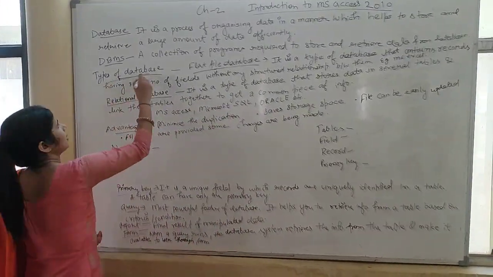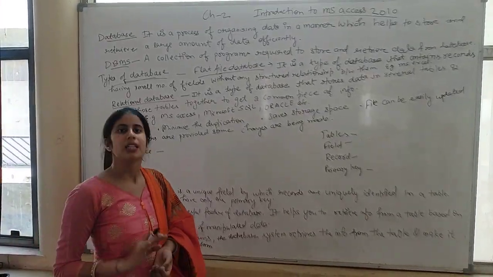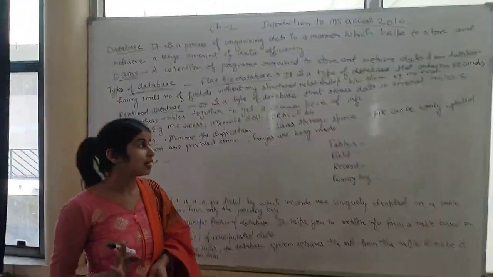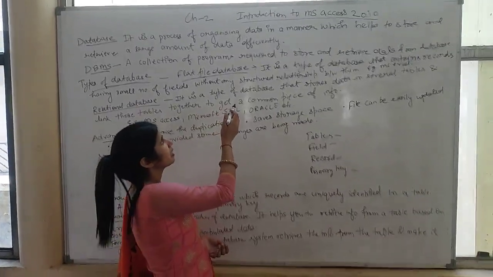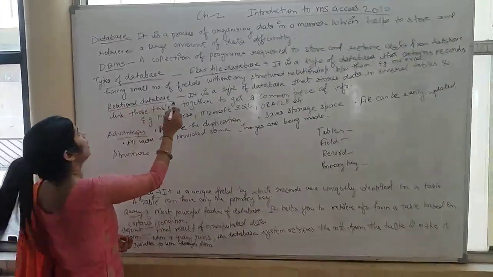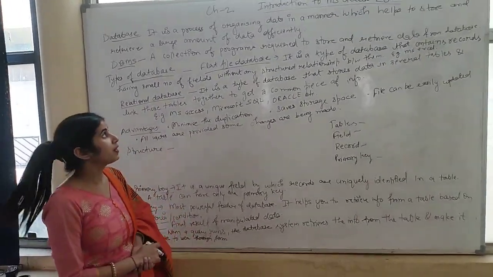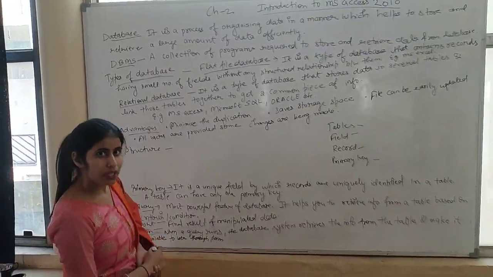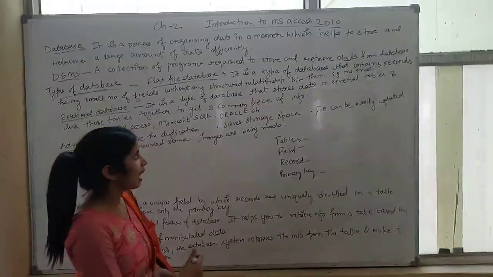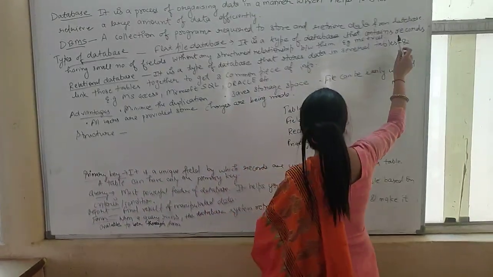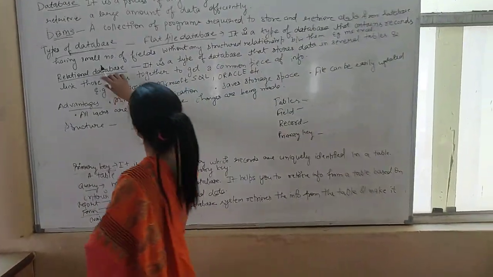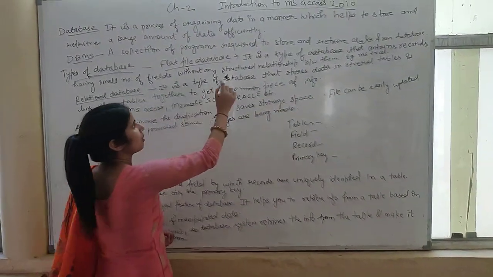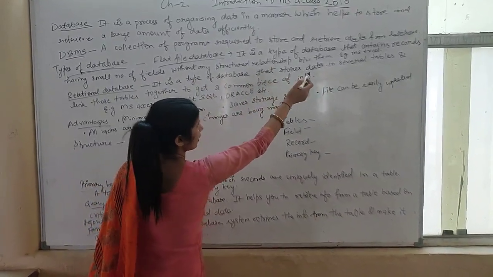Now, what are the types of database? Mainly, there are two types of database, and they are flat file database and relational database. What is flat file database? A flat file database is a type of database that contains records having a small number of fields without any structured relationship between them.